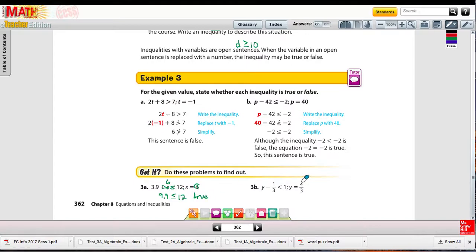For the second one, y is 4/3. Actually, it says that one is false. 4/3 minus 1/3 is 3/3. 3/3 is equal to 1. 1 is not less than 1, so that is false. Sorry about that.